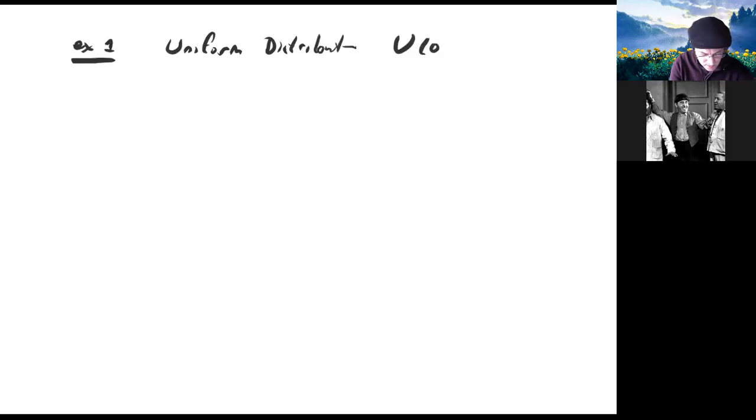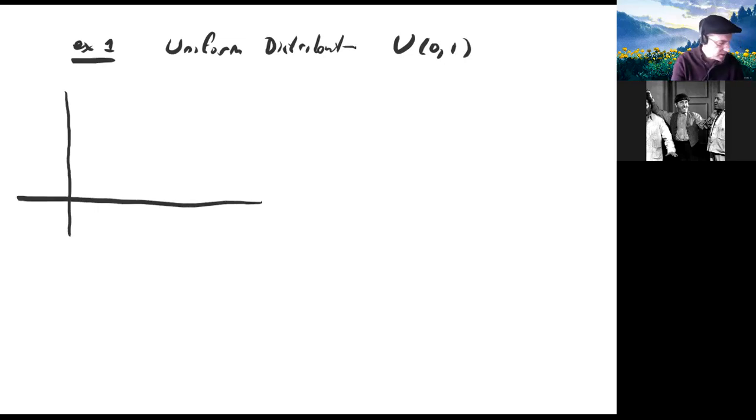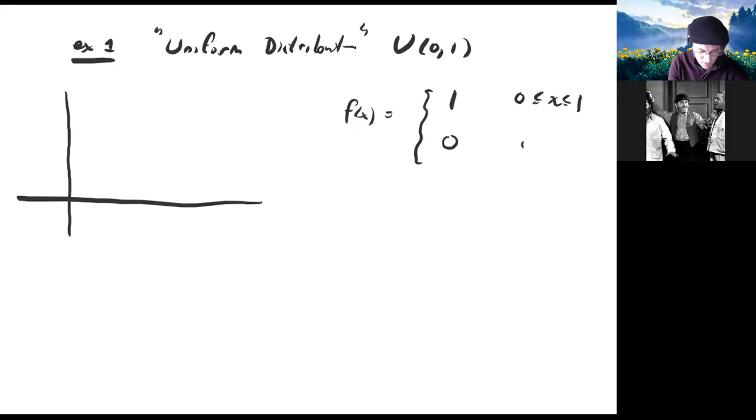And usually it's denoted like this, U01. What I have to specify is the PDF for this, and the PDF is given by the following function: f of x is equal to 1 if x is between 0 and 1, and 0 otherwise.